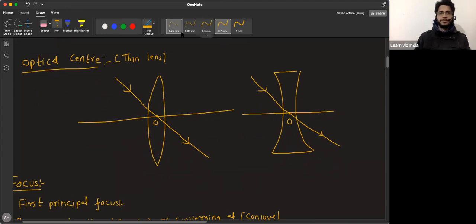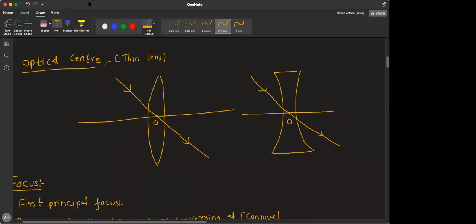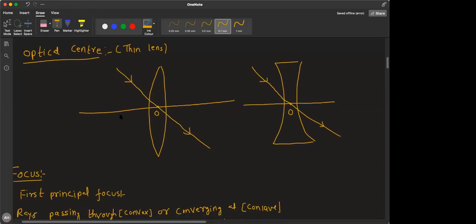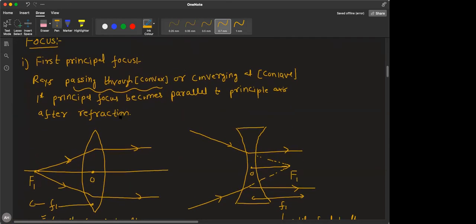Do it. Can I scroll it? Yes, sir. Do it.